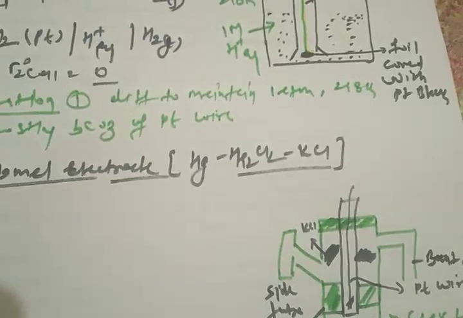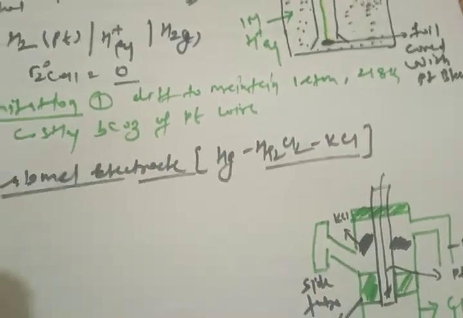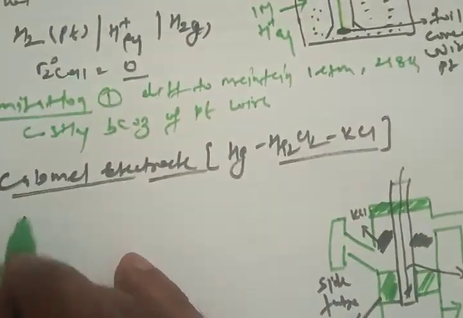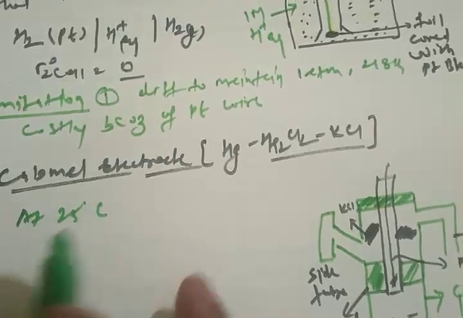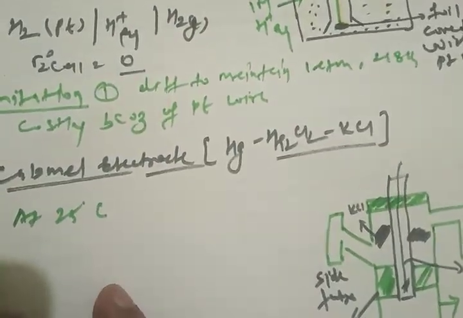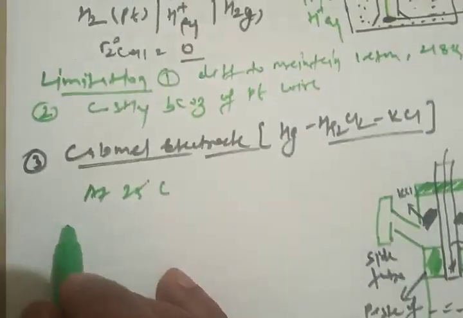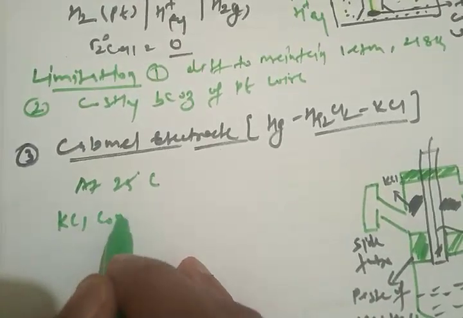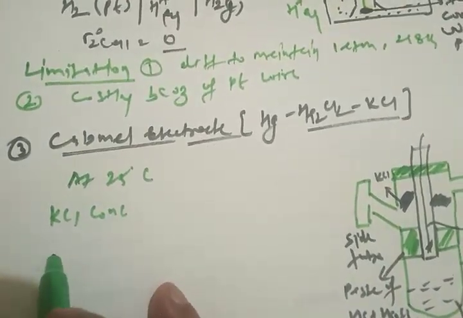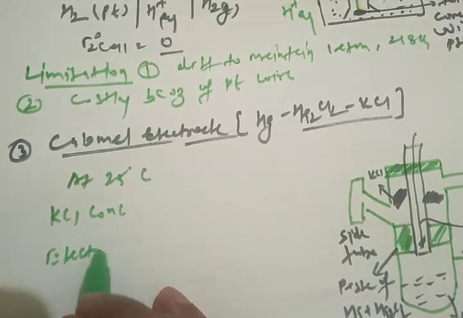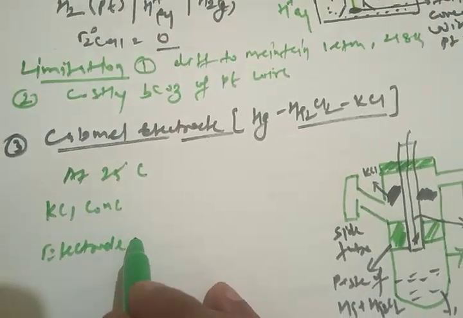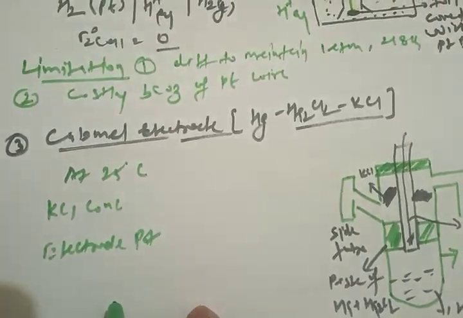So let's take these values. At standard condition, that means at 25 degrees Celsius, if we take the KCl concentration and the electrode potential.